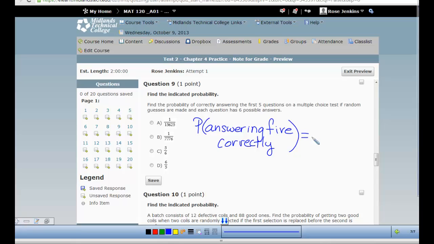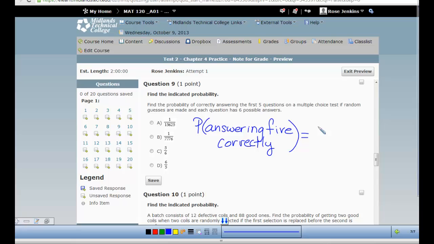We know the probability of getting a single question answered correctly. Are the questions dependent or independent? They're independent since they're guessing. If I'm guessing, it's just like tossing a coin. What they get on the first one doesn't really affect the probability of the next. Each one, they're randomly guessing.